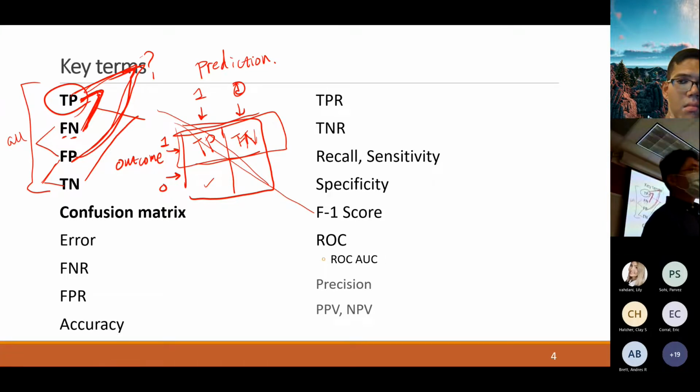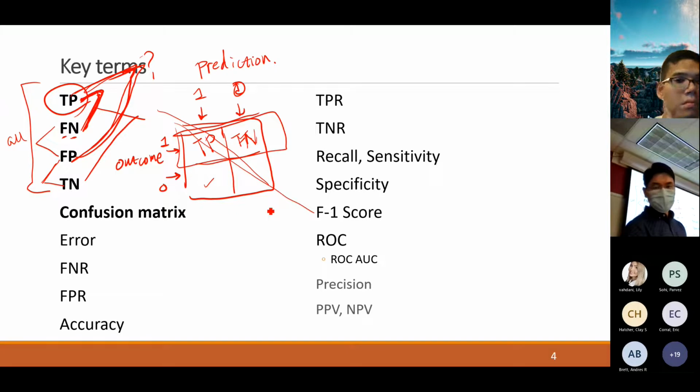Anyway, if you add true positive and false negative together, what is that total? What part of the confusion matrix is it?